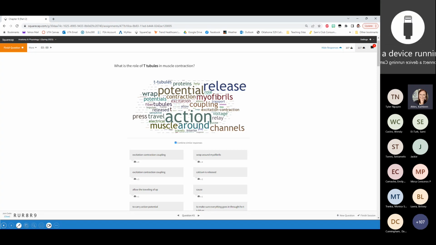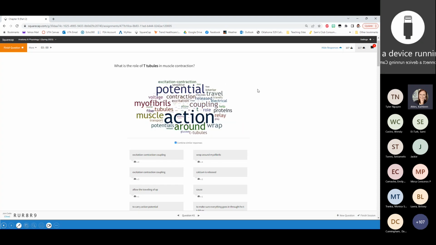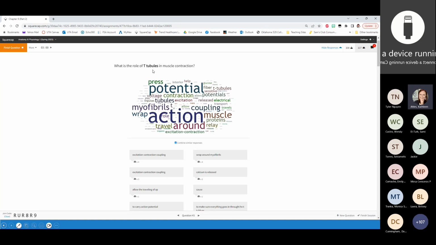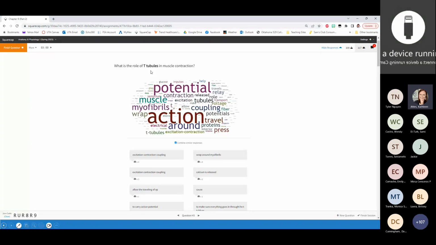Once that action potential gets down to the sarcoplasmic reticulum, then we can release that calcium. So the T-tubules are the way that I get the process of muscle contraction to happen everywhere and not just by the surface of my muscle cell.